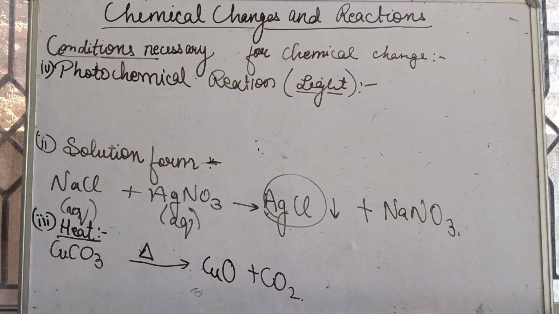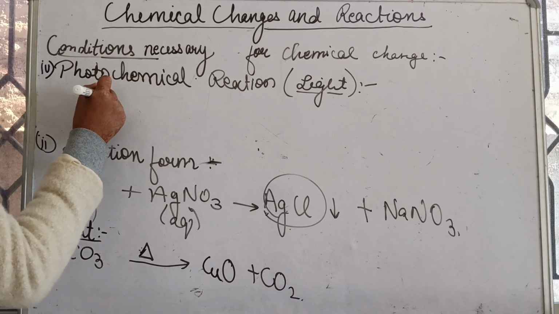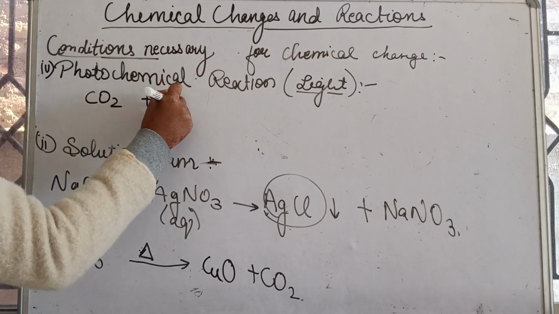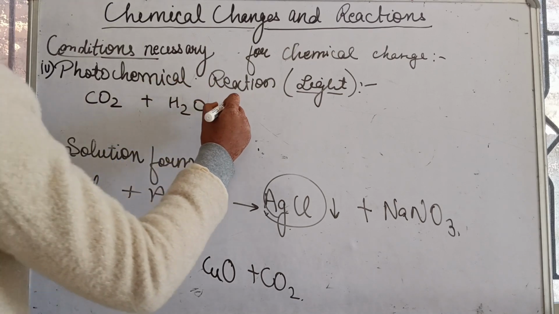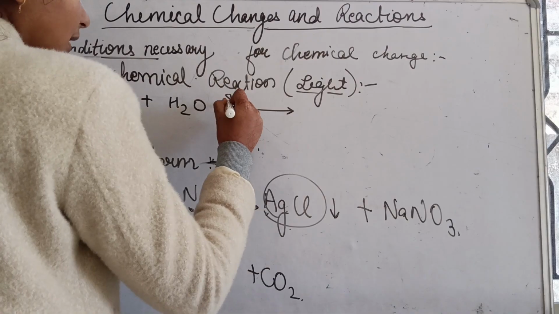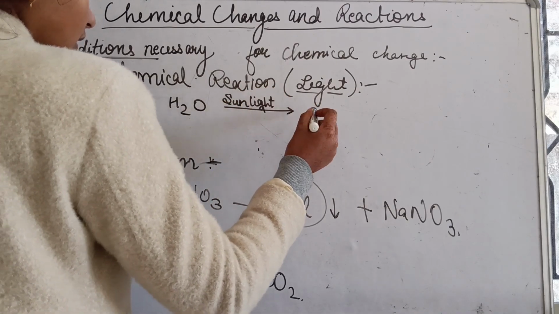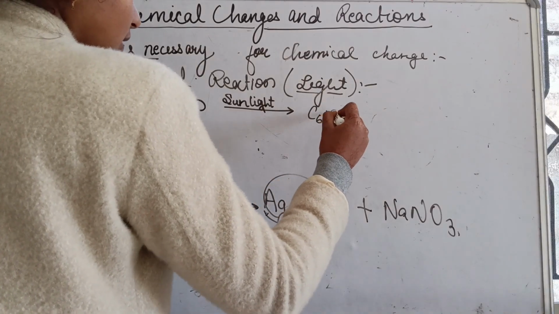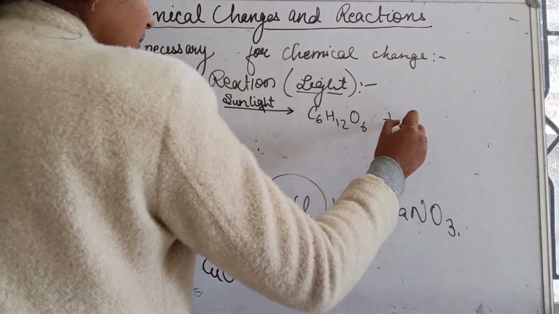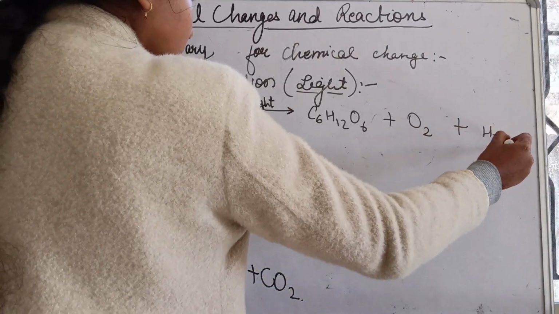Now, the process of photosynthesis involves carbon dioxide plus water, which gives glucose, oxygen, and water. So CO2 plus H2O gives, with sunlight, C6H12O6 plus O2 plus H2O.